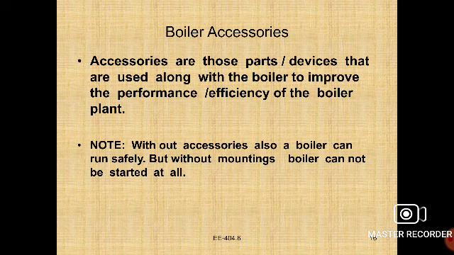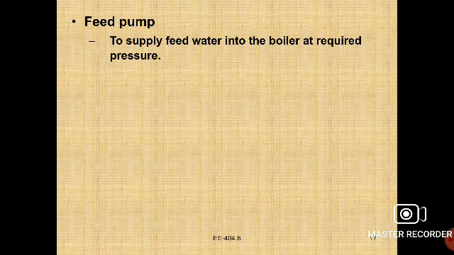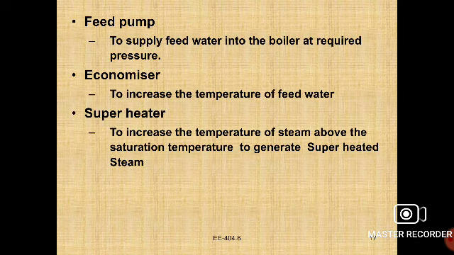Some accessories are commonly employed in a steam power plant. First is the feed pump, next the economizer, superheater, air preheater, steam trap and steam separator, and steam ejector. In total we have 7 types of accessories, right.